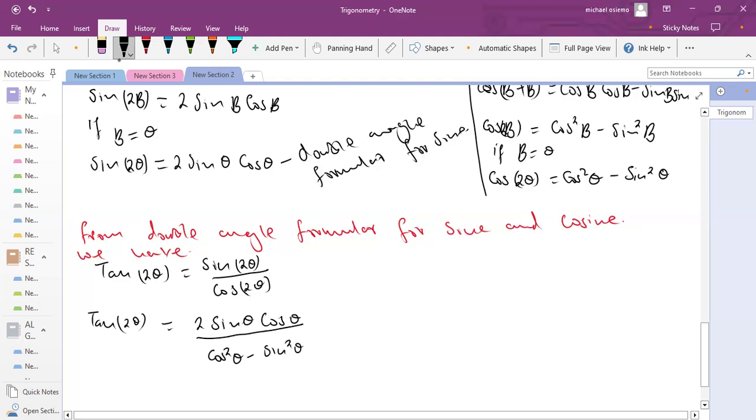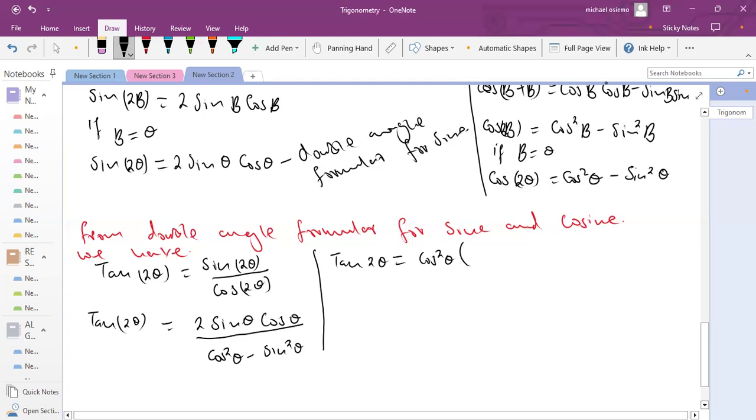So if I factorize cos squared theta from the denominator, the same way we explained for the compound angle formula, then we shall have tan 2 theta is equal to cos squared theta into bracket.